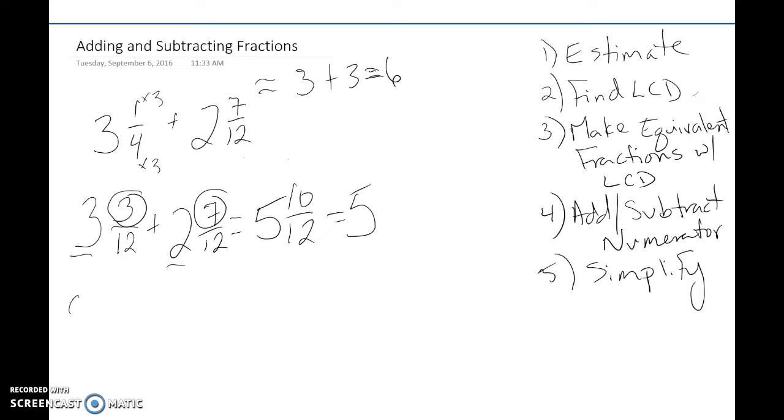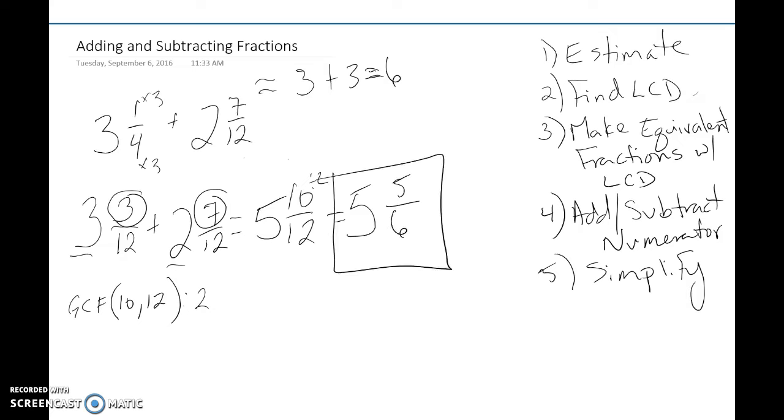The GCF of 10 and 12 is 2. So I divide 10 by 2 to get 5, divide 12 by 2 to get 6. 5 and 5/6. That is how I add mixed numbers. And I'm all good. No problem there.